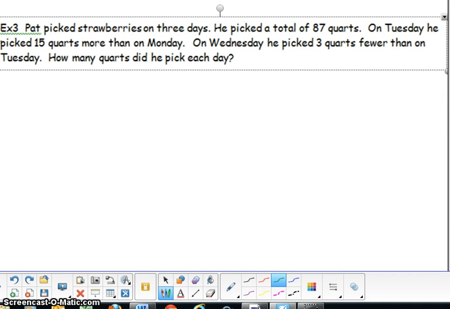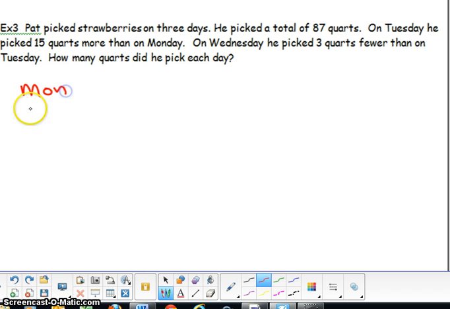Alright, example number 3. Pat picked strawberries on 3 days. He picked a total of 87 quarts. On Tuesday, he picked 15 quarts more than on Monday. On Wednesday, he picked 3 quarts fewer than on Tuesday. How many quarts did he pick each day? So let's first organize with putting that we have Monday, Tuesday, and Wednesday, and we will use M, T, and W just for the confusion part of it.